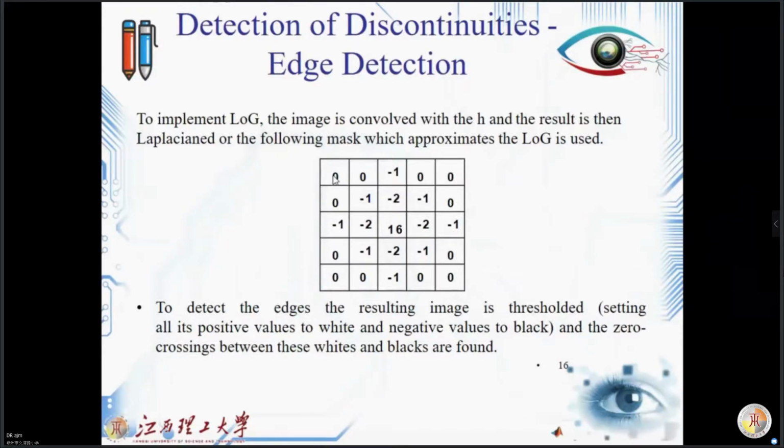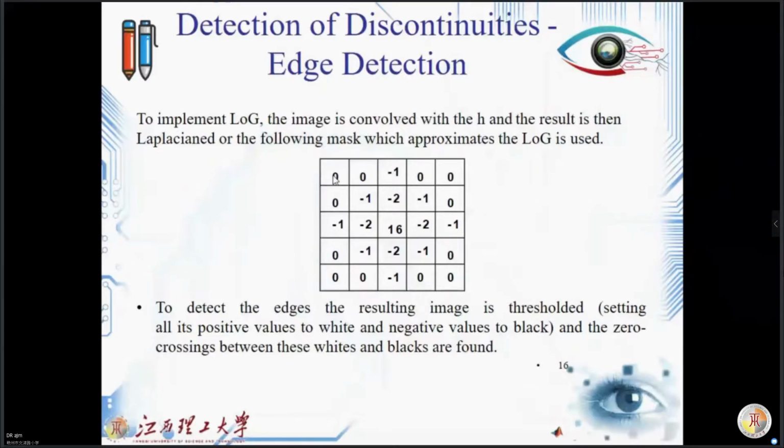Then to detect the edge, the resulting image is thresholded, setting all positive values to white and negative values to black, and the zero crossings between the white and black will be found.